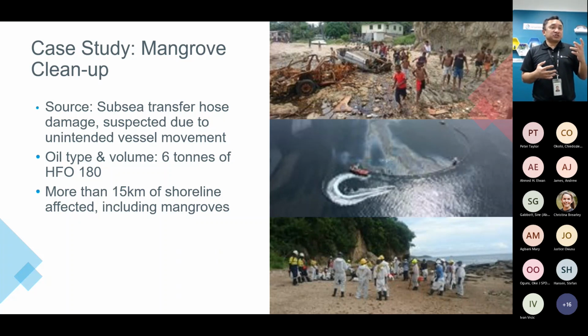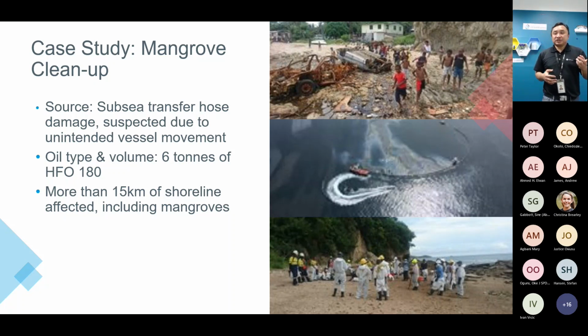So the source of the spill is a subsea transfer hose damage. This is suspected due to unintended vessel movement. So basically, they were doing some sort of crude oil transfer via the transfer hose, but the vessel moved a bit, which translated to pulling out the hose, and then this resulted in a spill.